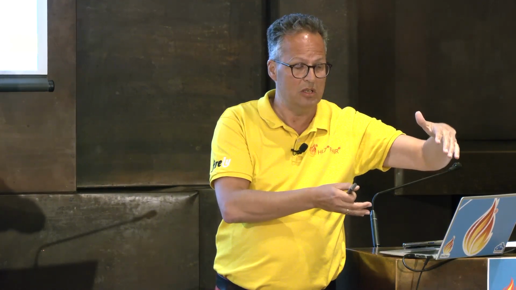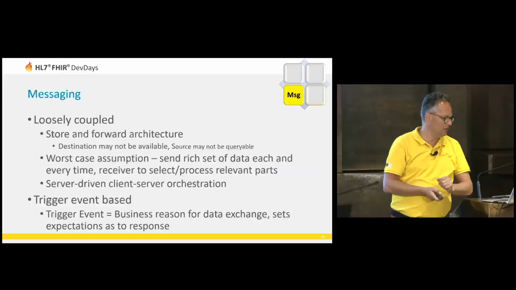I'm not assuming that you've ever heard of this patient before. But that means if I send you a message, I have to have a very rich bucket load of content, because I don't know what you already know. And it's up to the receiver to decide what they're actually going to process. They make a selection as to what they actually are going to process.